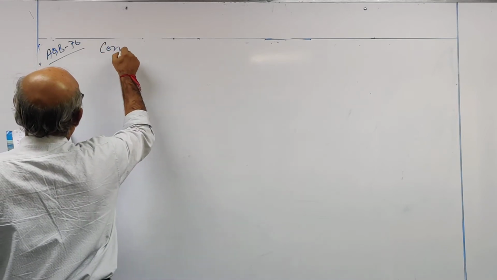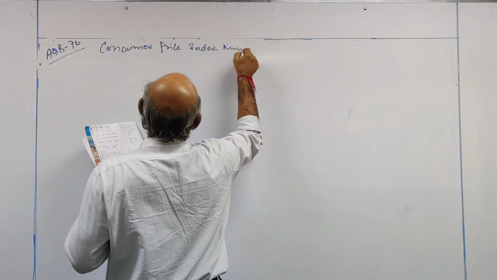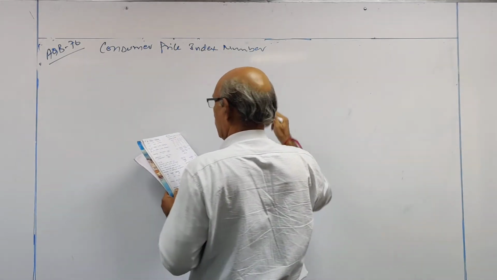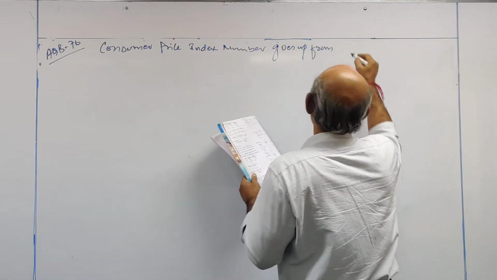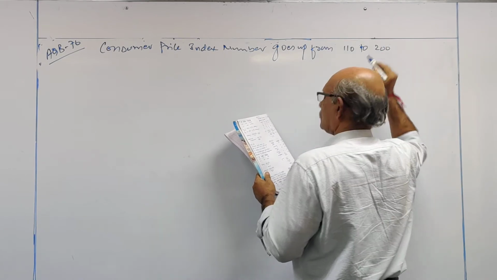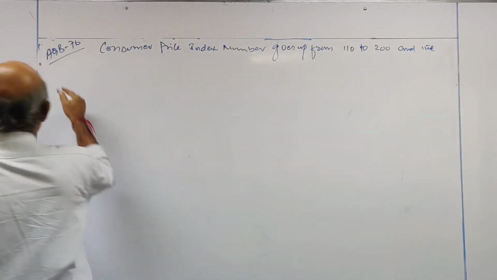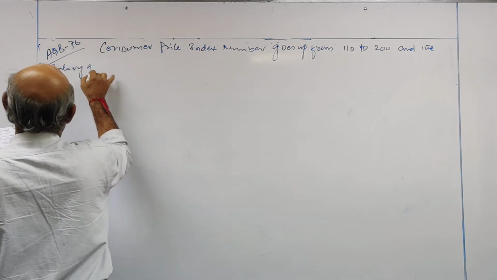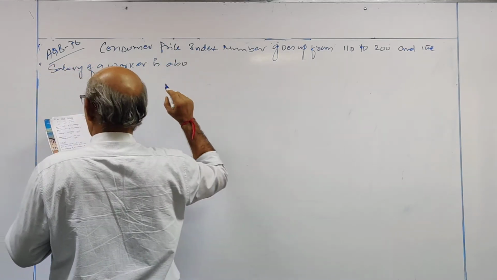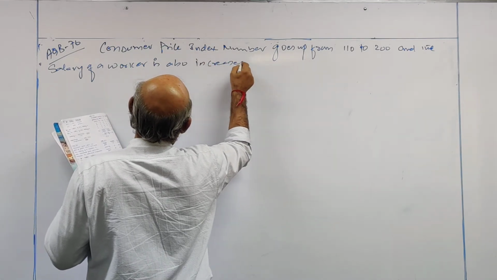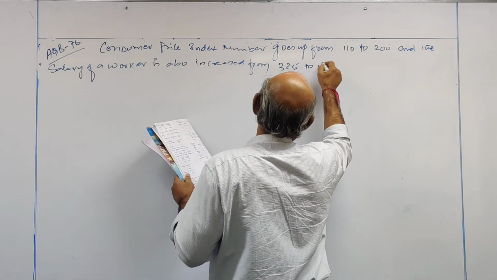Consumer price index number goes up from 110 to 200, and the salary of a worker is also increased from 325 to 500.